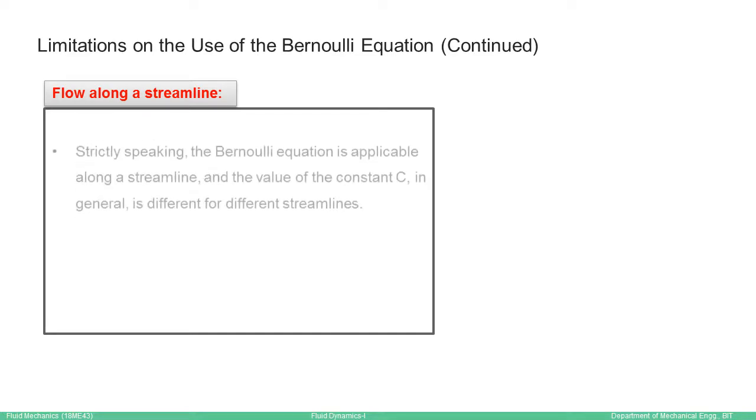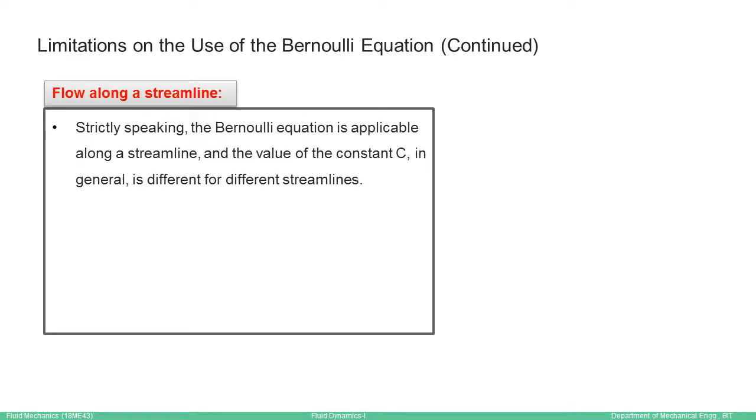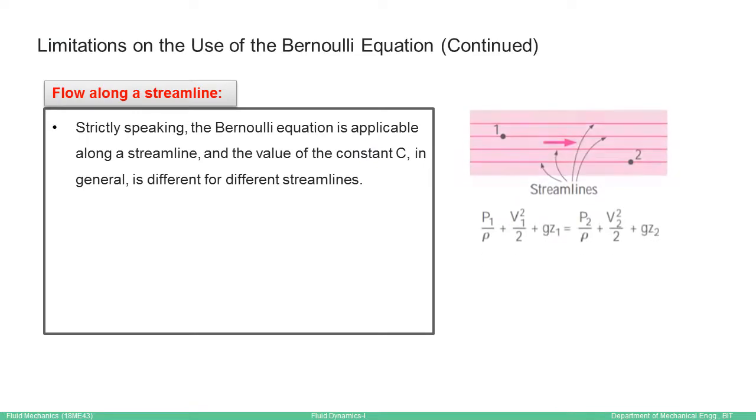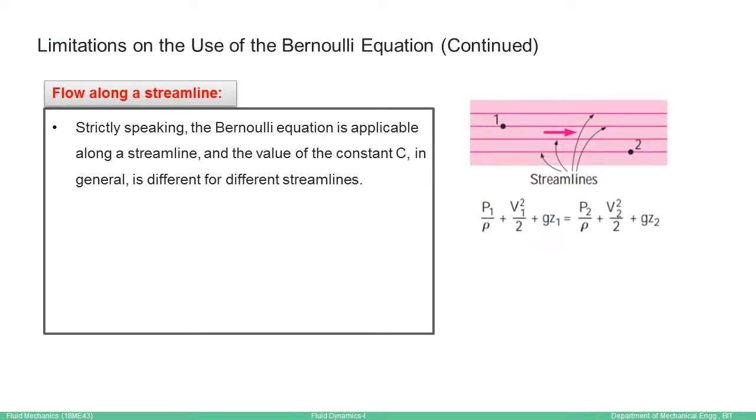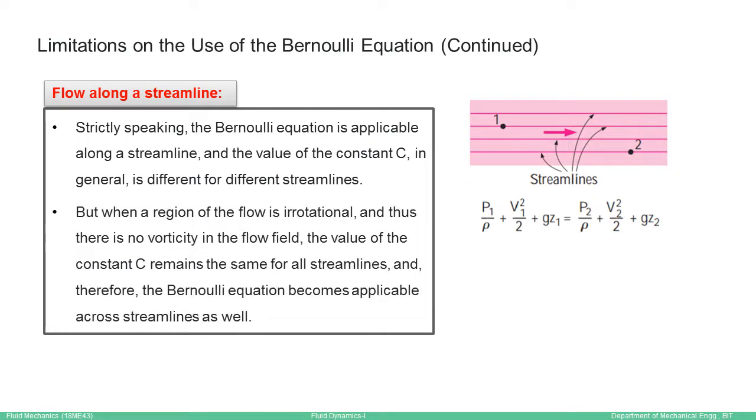In the derivation itself, we have taken the flow along a streamline in the direction s. So definitely Bernoulli's equation is applicable along a streamline. The value of this constant c, that is p by rho g plus v square by 2g plus z, is a constant for a streamline. So it is different for different streamlines. But what happens in the case of a series of streamlines, particularly when the flow becomes irrotational?